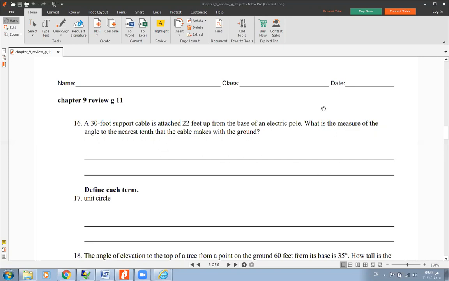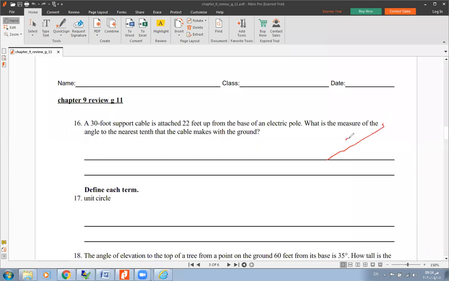Okay. First, I need to draw. I suppose that this is the horizontal plane, and this is the cable, which its length is 30 feet.